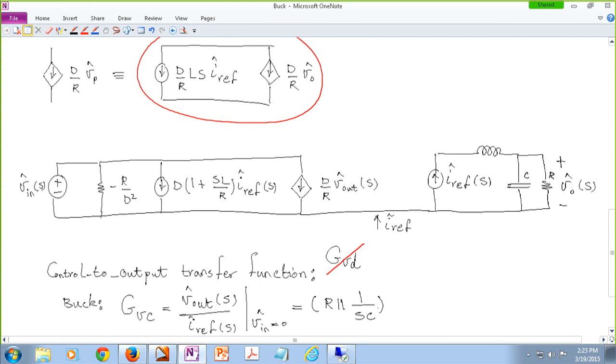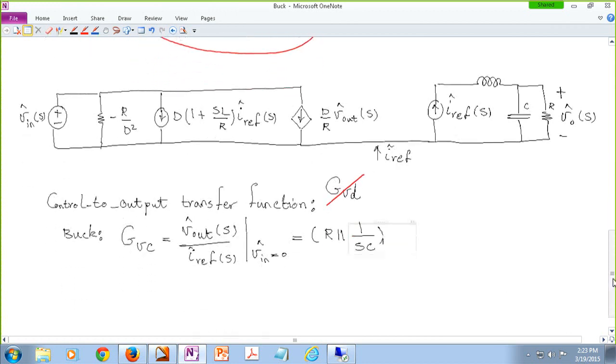Now keep that in mind that we had that very simple assumption that the pole current and the reference are exactly the same. That's why we end up with a first order model. The other transfer function is similar to before, GVG, or audio susceptibility, okay? Or line to output transfer function.